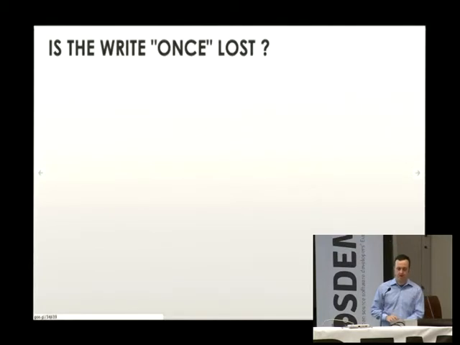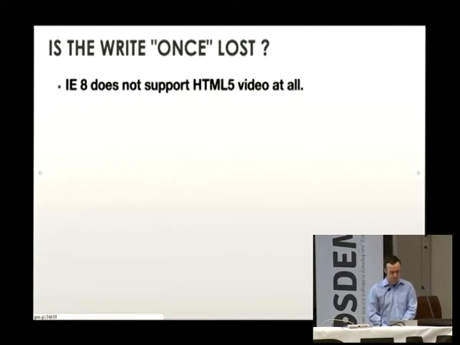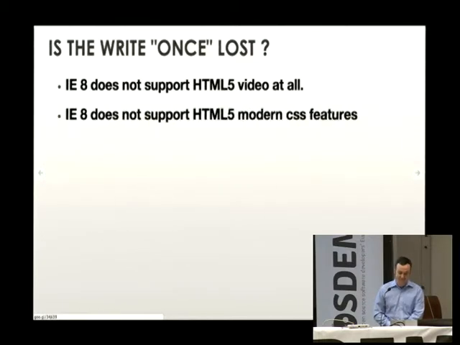So when you have this idea of writing it once, going back to our limitations, even in the browser environment we still have to play to the least common denominator. IE8 is still a common issue, it's still out there a lot, and doesn't support HTML5 at all. It doesn't really support modern CSS features, so if you build your fancy skin, that's not going to be possible.